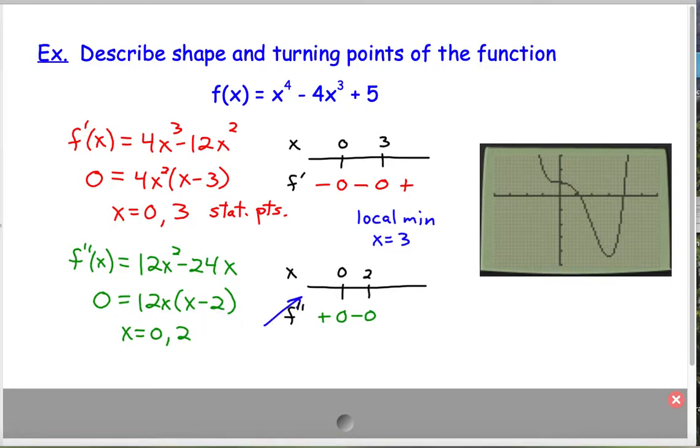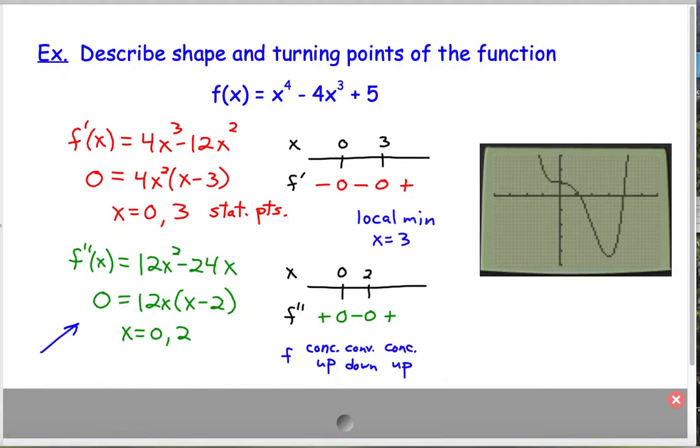And then if we pick a number greater than 2, like 3, and plug it in here, we're going to get a positive times a positive is a positive. So that tells me, let's switch to blue, that my function f is concave up here, it's concave down on this interval, and then it's concave up there.